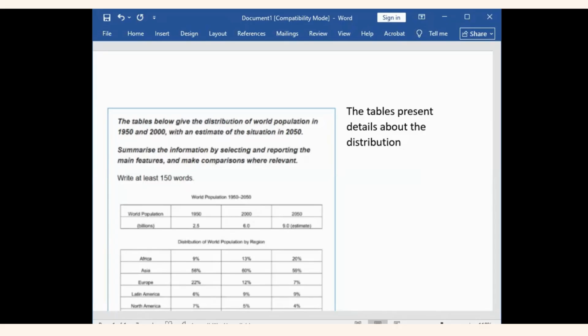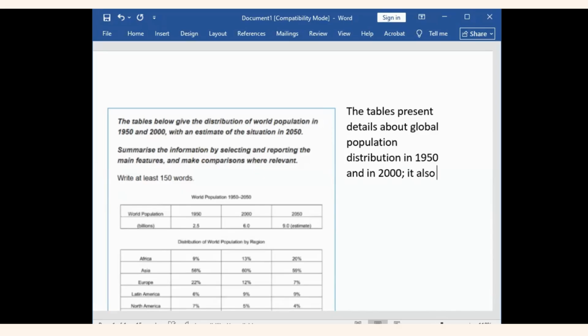So instead of saying distribution of the world population, I'm going to do some paraphrasing there, and I'm going to remove this THE about global population distribution in 1950, let me put it this way, and in 2000.